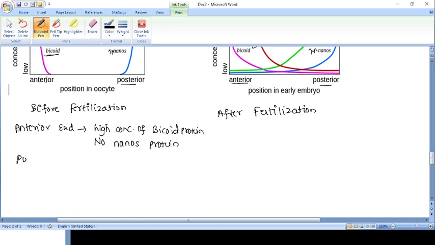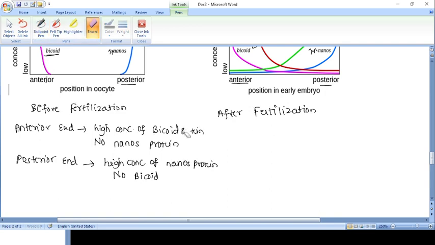And in the posterior end, high concentration of nanos and no bicoid. Sorry, not protein, it's mRNA.